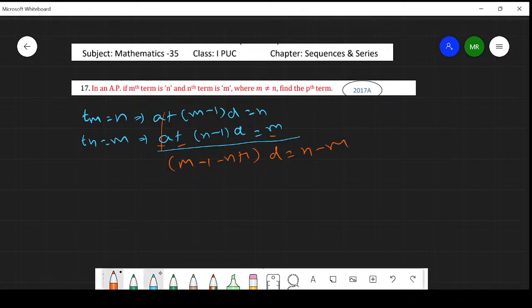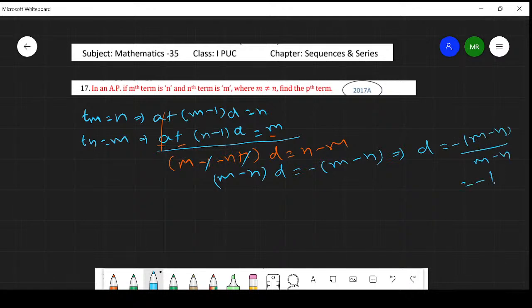Here minus 1 plus 1 cancel, so we get (m minus n) into d is equal to, taking minus common, minus (m minus n). So d is equal to minus (m minus n) by (m minus n), which gives minus 1. We got d equal to minus 1, so the common difference is minus 1.